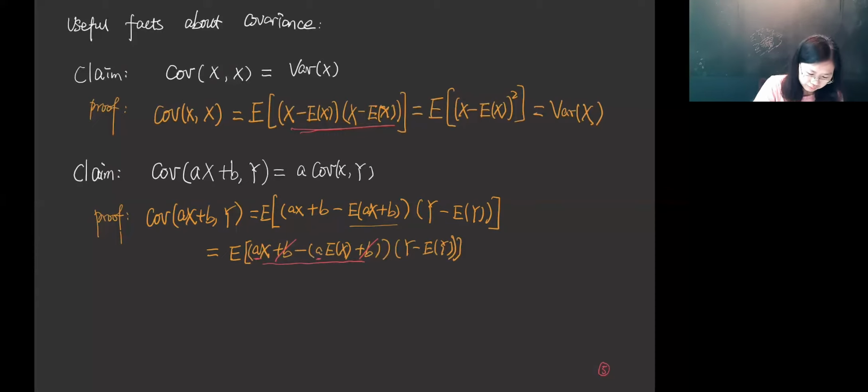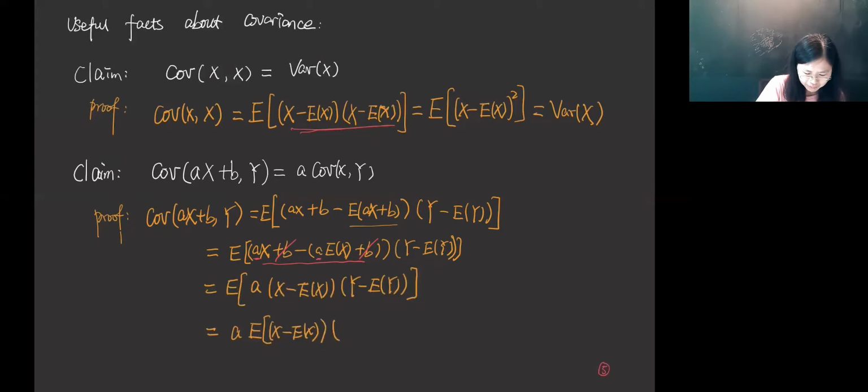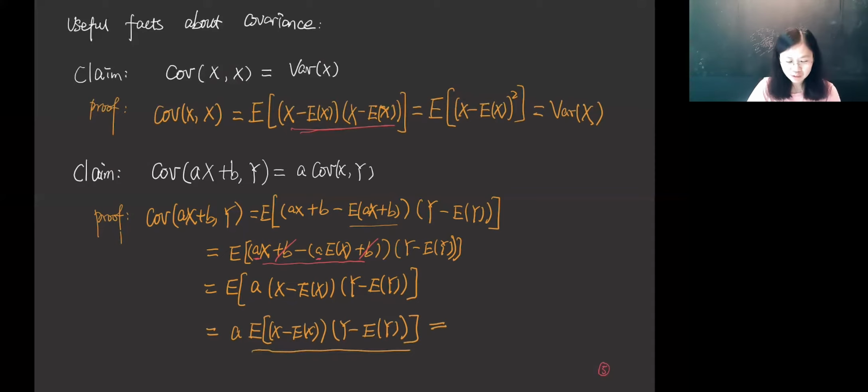So we are left with a times (X minus E of X), (Y minus E of Y). Again, use the linearity of expectation, factor this a out, and we get a times E of (X minus E of X) times (Y minus EY). And recall, this is the definition of covariance of X and Y. So that's a times covariance of X and Y. That proves the second claim.